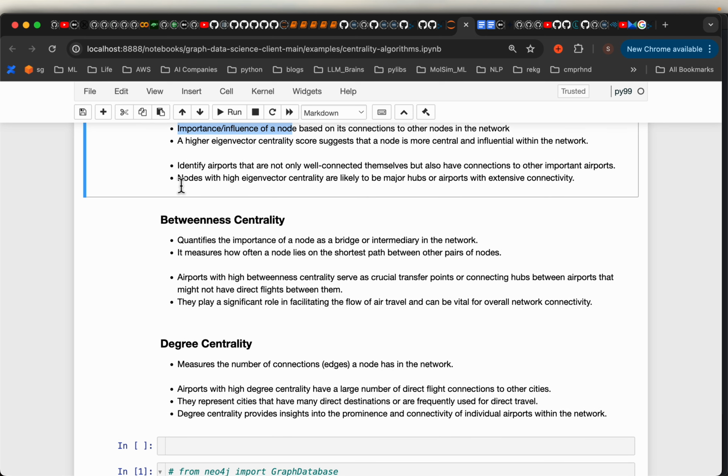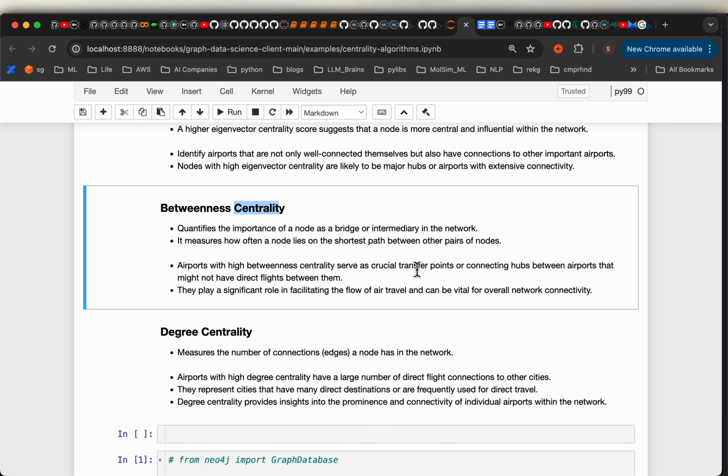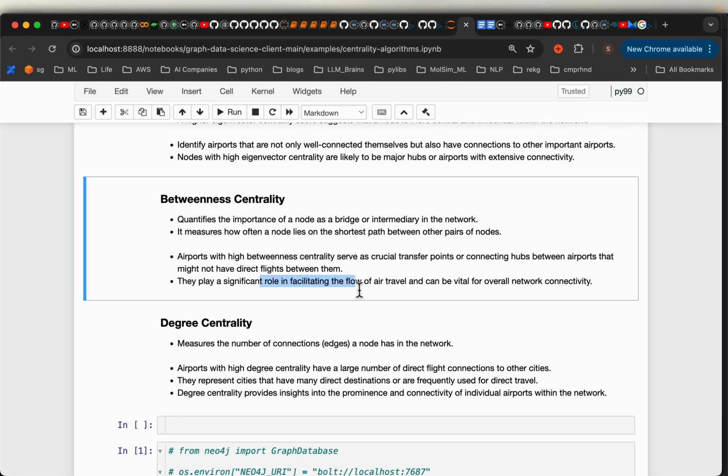Now, nodes with high eigenvector centrality are likely to be major hubs or airports, but not for transfer or for connecting. They just have more direct flights between them. Whereas betweenness centrality acts as these transfer points or connecting hubs. So these play a significant role in facilitating the flow of air travel and are vital for network connectivity.